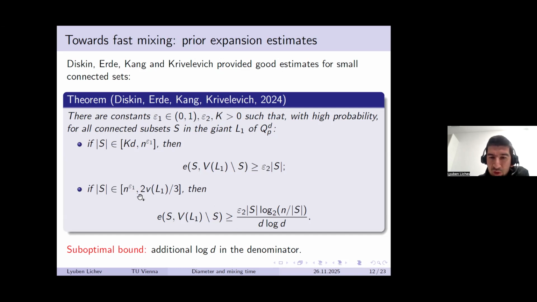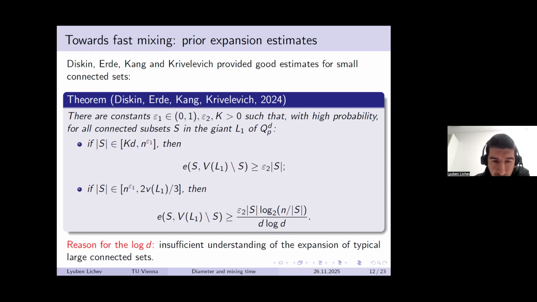So n is 2 to the d, and this guy, the binary logarithm of n over S, is a further d. So this and the d in the denominator cancel each other, and what remains is the additional logarithm of d. This additional log d in the denominator is the reason why the previous work does not get the right value of the mixing time.